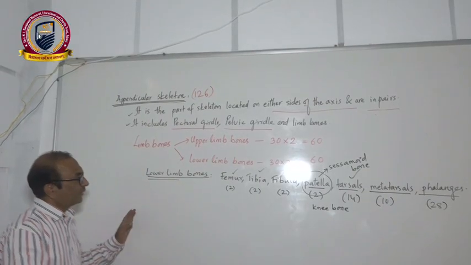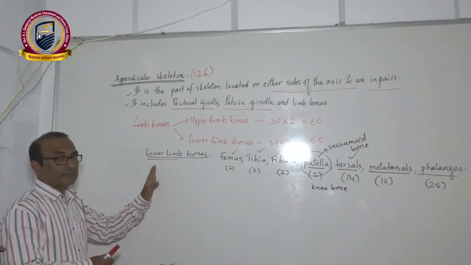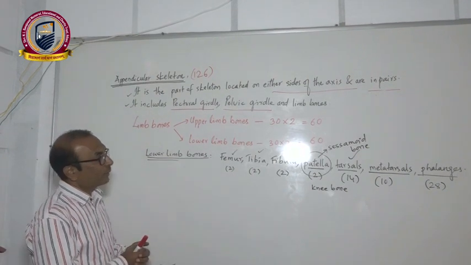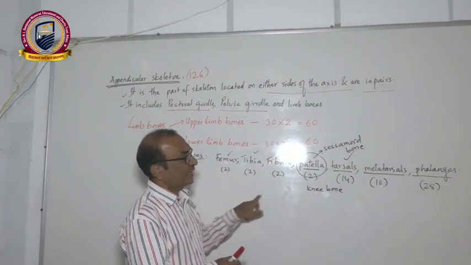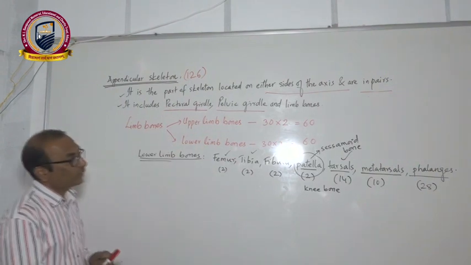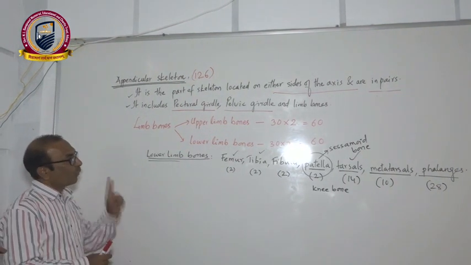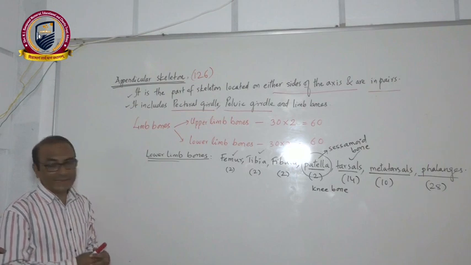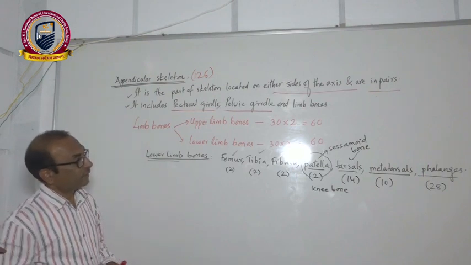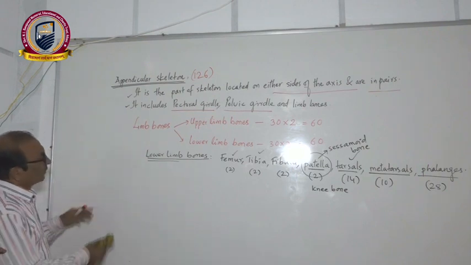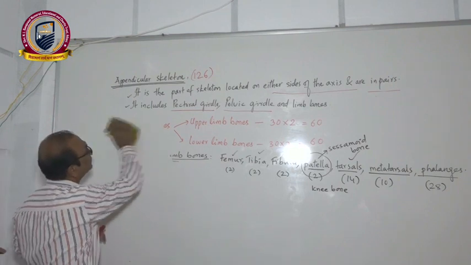Okay, we have seen that in 2 lower limbs or 2 legs, the total number of bones are 60 again. Now let us look into the bones of one lower limb or one leg with a diagram. Better I will draw a diagram here.